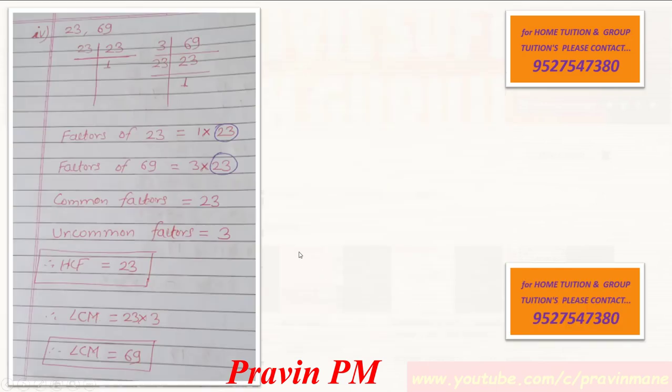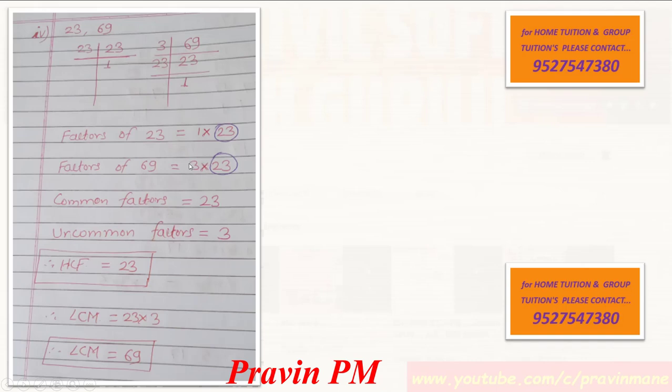Now 4. 23, 69. First step, find the factors of 23 and the factors of 69. Factors of 23, 1 into 23. Factors of 69, 3 into 23. Common factor, 23.